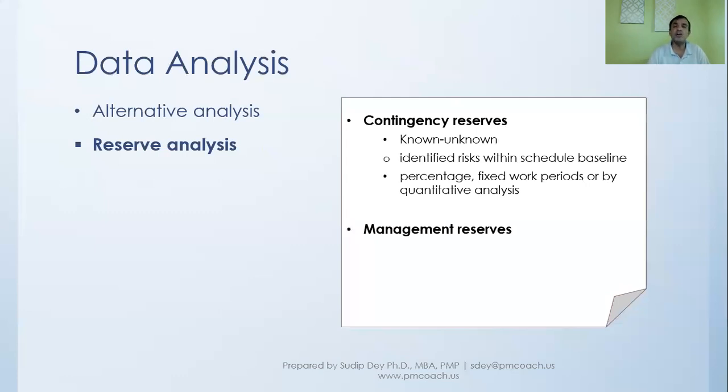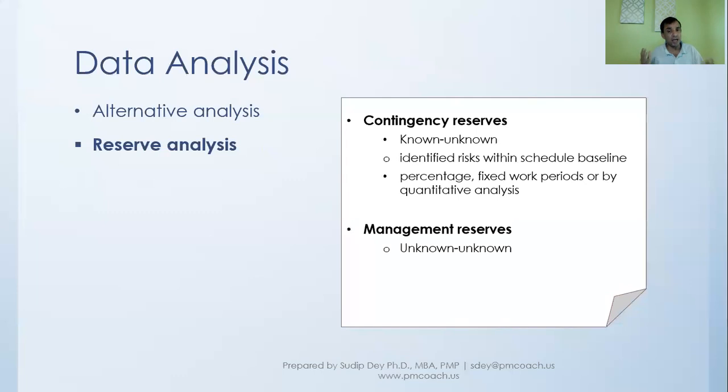Now there is another kind of contingency reserve, or another kind of reserve analysis, which is also about risk, but these are called management reserves. Management reserves are about unknowns, which really means these are something that we can't even think of, and it happens all the time.